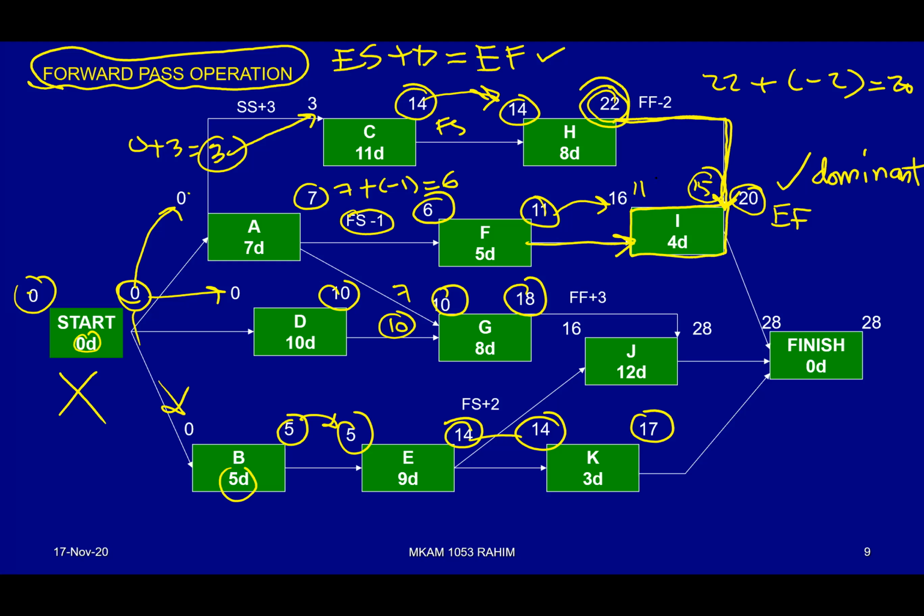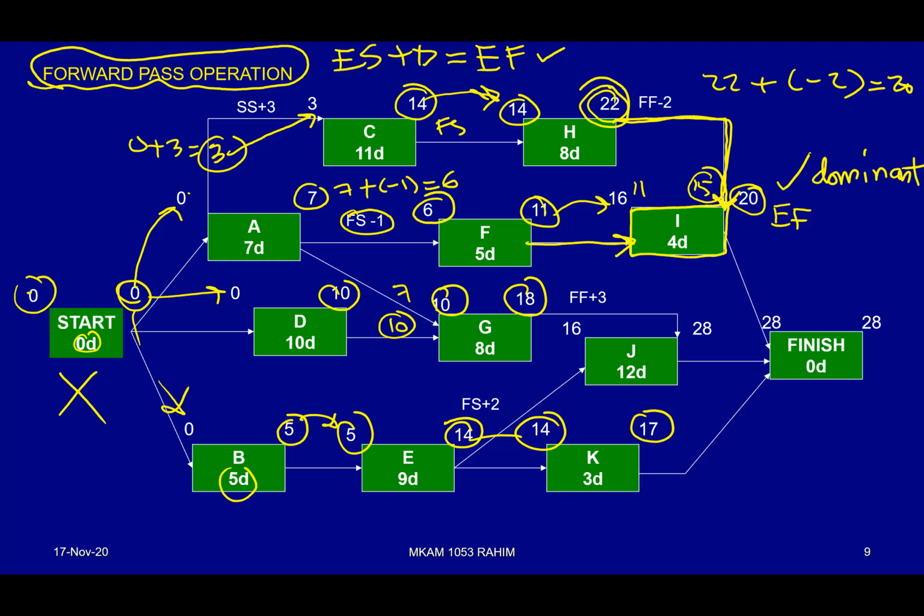How do we get the value of early start? Well, remember the early finish we get from adding early start with the duration. So if you want to know the early start value for I based on H relationship, then we can subtract the duration.